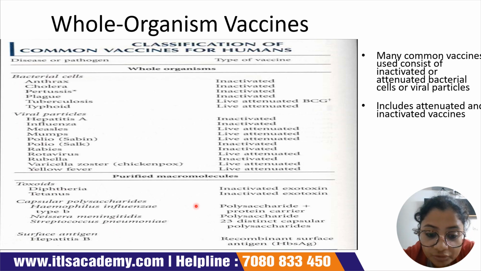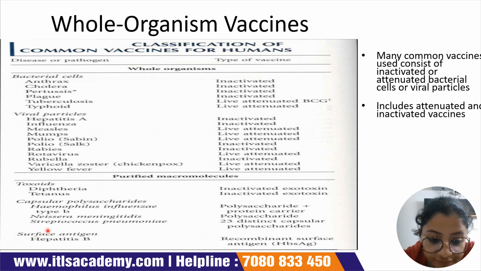And then talking about the purified macromolecular vaccines, we have toxoids. In toxoids, the most important is diphtheria, which is an inactivated exotoxin. Then we have tetanus, which is again an inactivated exotoxin. Then we have capsular polysaccharides like Haemophilus influenzae, which has the polysaccharide as well as a protein carrier with it. That is Haemophilus influenzae type B, because Haemophilus influenzae has various types.